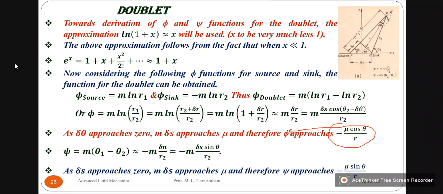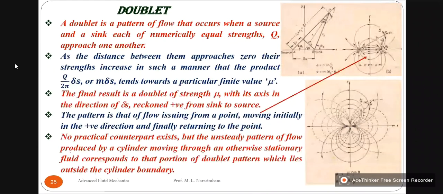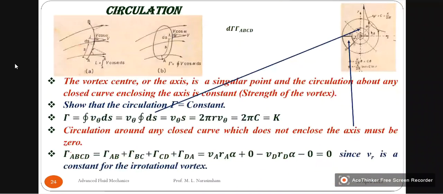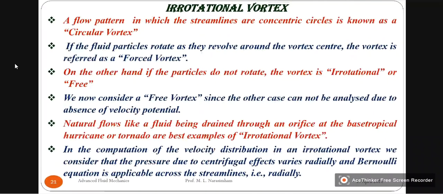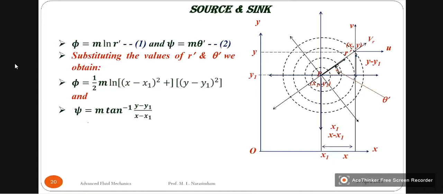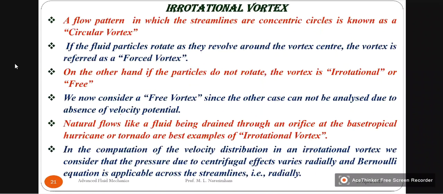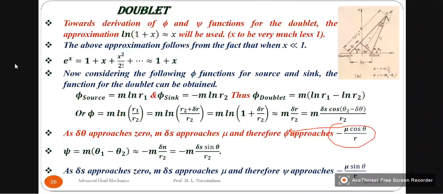Now, once you know the phi function, you can derive the psi function. Alternatively, what you can do is take the psi functions of source and sink, as we have done with the phi functions.